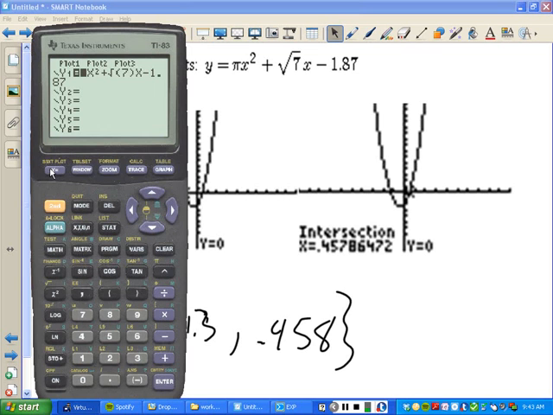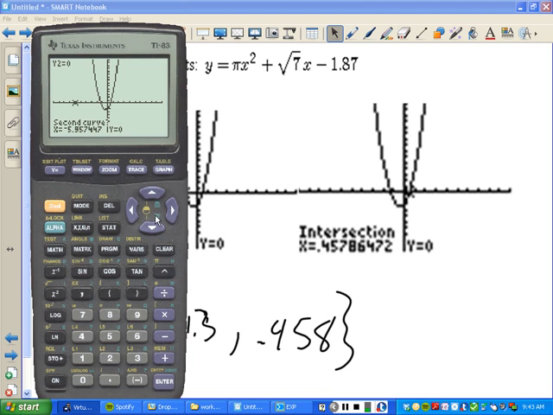So when that happens, know that it doesn't have a second curve to go to, and you've got to put one in. Why not just use a zero function? You could do the zero function, but that's a little more complicated. If you just put zero there, it's easier. Once you put zero there, Haley, then you should be good. Second calc, intersect. First curve, press enter. Then it'll jump to the x-axis.